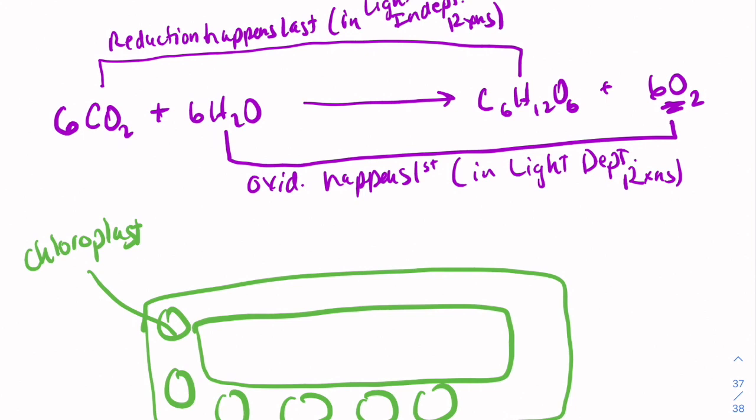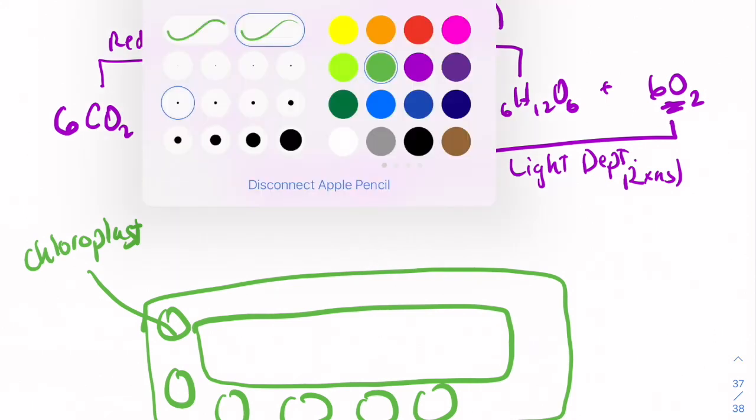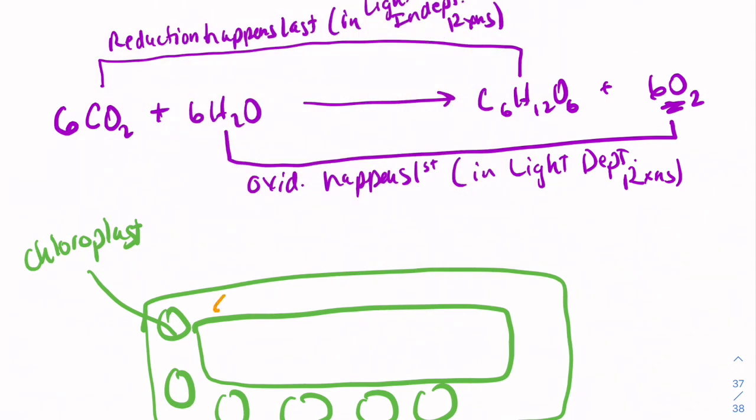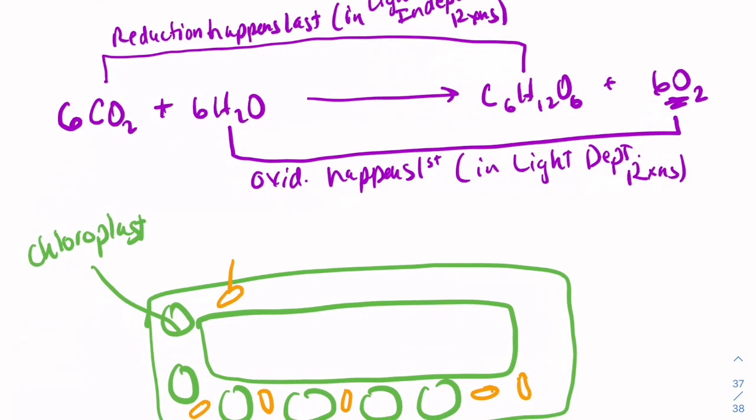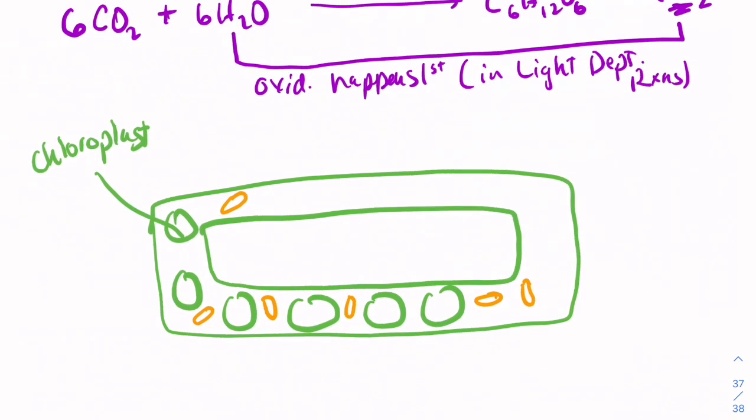What you couldn't see under the microscope was that plants also have mitochondria. Lots of them. They're just smaller and you can't see them as easily as you can see the chloroplasts. Take it back.